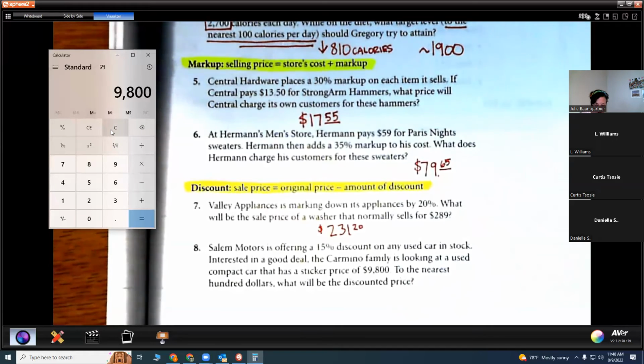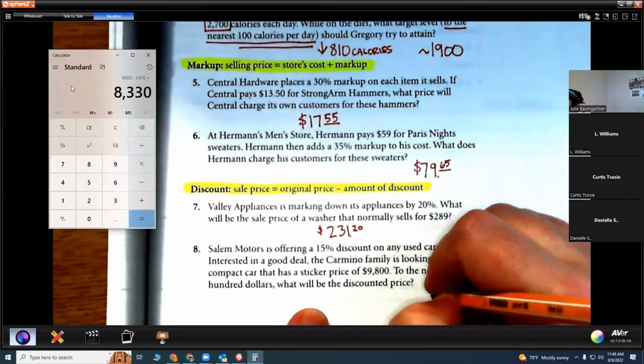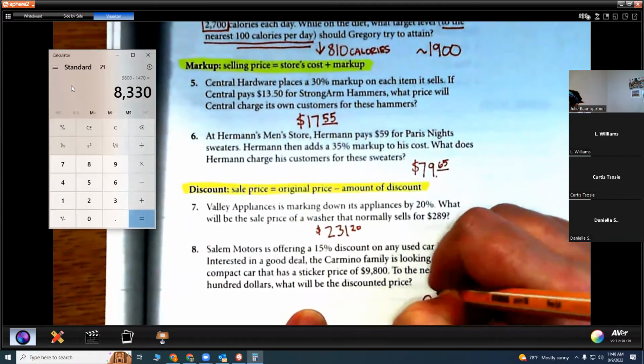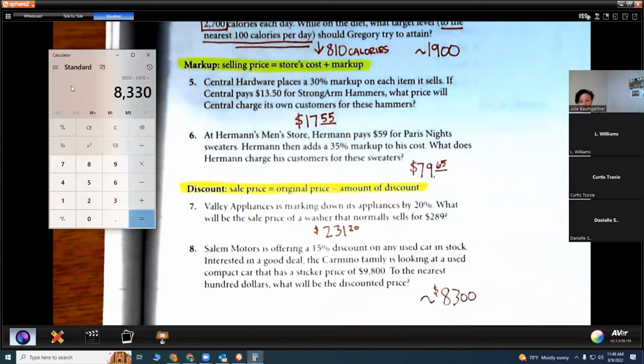So 9,800 minus 1,470. And then if we didn't say to the nearest $100, do we round to 8,400 or 8,300? 83. So it'll be about an $8,300 compact car.